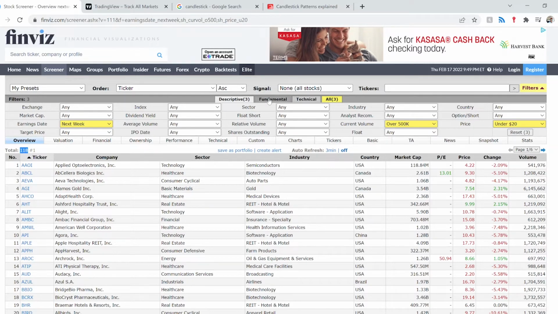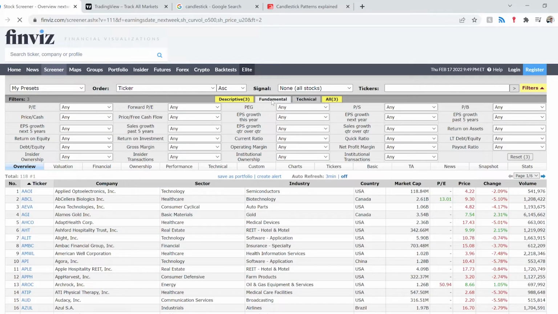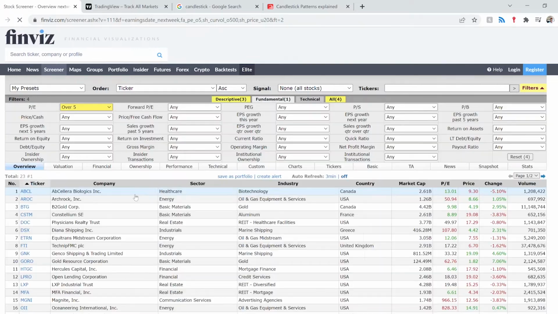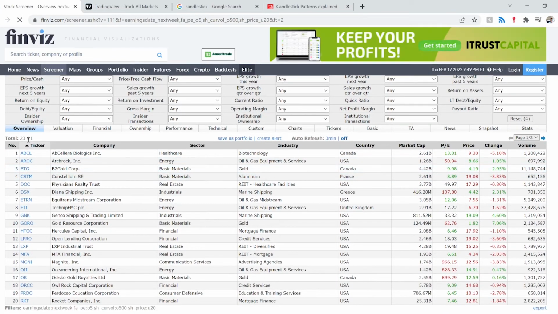You can now choose another filter criteria like the fundamentals and say I want a stock that has a price to earnings ratio, which is PE, of over 5, for example. That will narrow down your list to 23.